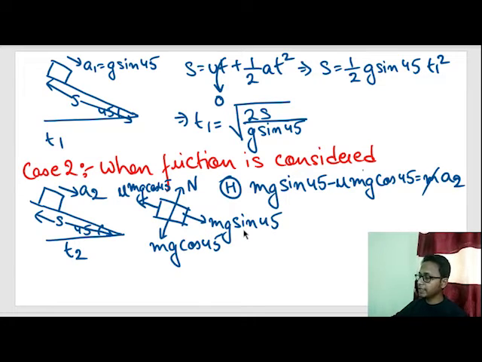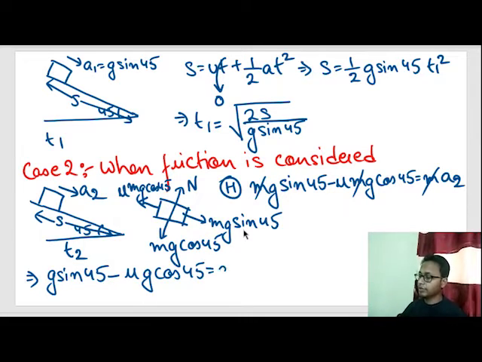This m and this m get cancelled. Or g sine 45 minus mu g cos 45 is equal to a2.